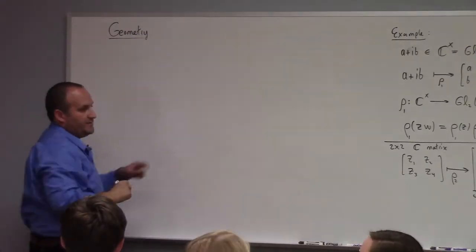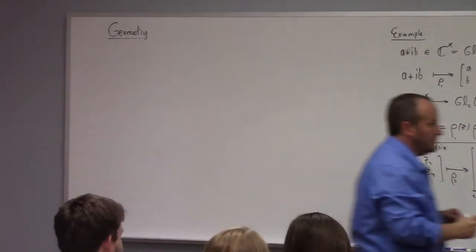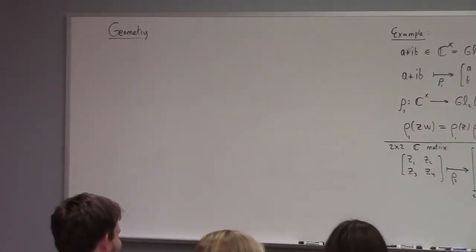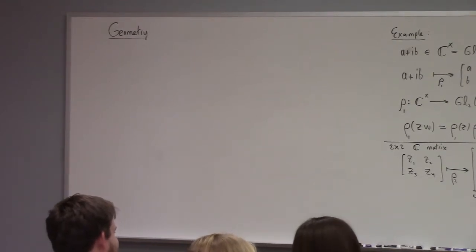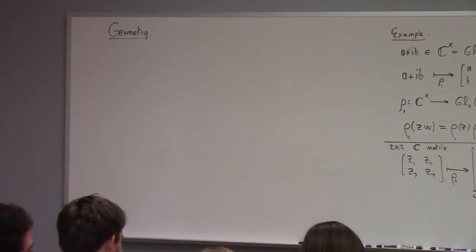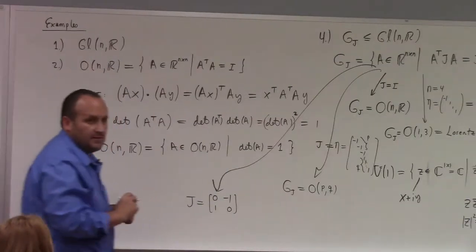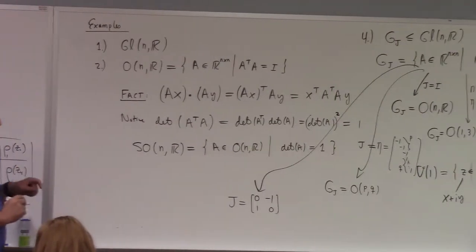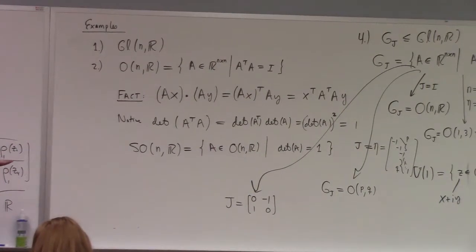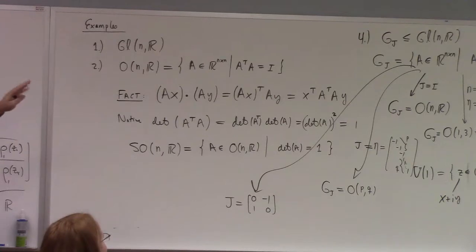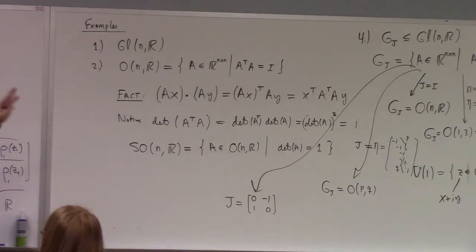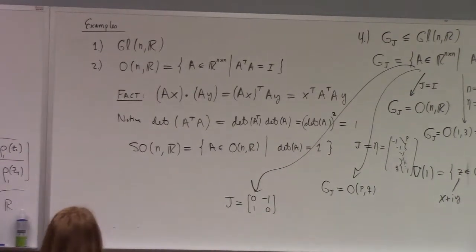Oh, there's one other case over here I forgot. There's something even weirder still. If we take J equals the matrix 0, minus 1, 1, 0, like this, then look at the matrices which satisfy the condition A transpose J A equals J again.